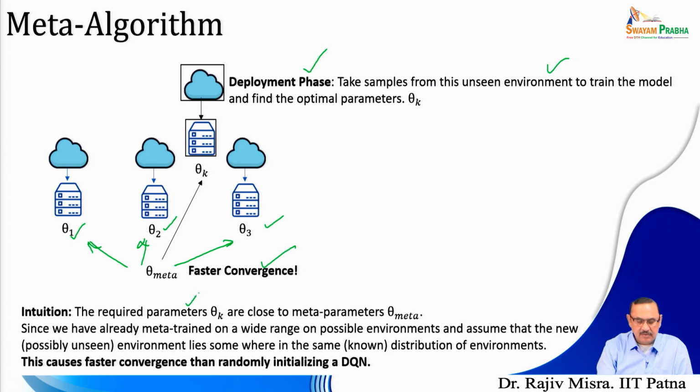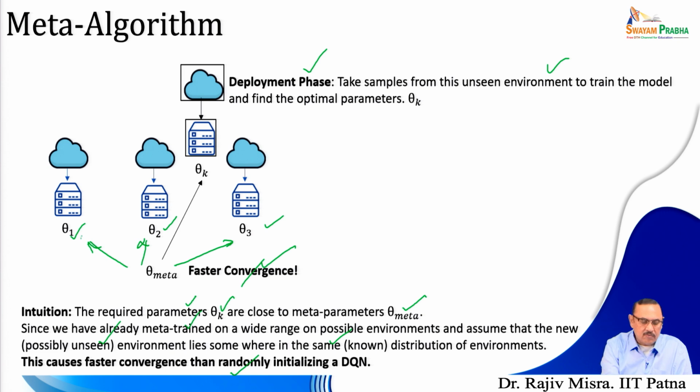So, the intuition is that the required parameter, that is theta k, should be very close to the meta parameter, that is theta meta, since we have already meta trained on a wide range of possible environments and assume that the new or possibly unseen environment lies somewhere in the same known distribution of environments. This causes faster convergence than randomly initializing this particular DQN.